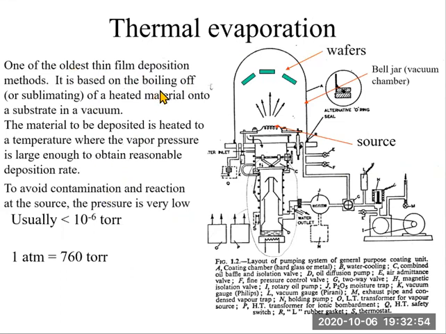It is based on the boiling off or sublimating of heated material onto a substrate in a vacuum. Thermal evaporation is typically carried out in a very high vacuum. The pressure is typically less than 10 to the power of -6 torr. The purpose is to avoid contamination and the reaction at the source.